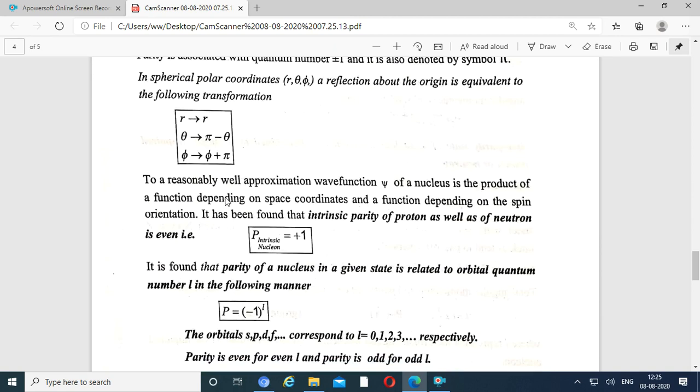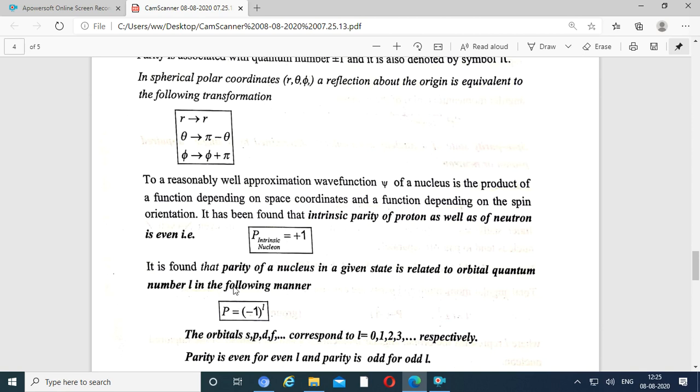To a reasonably good approximation, the wave function psi of a nucleus is the product of a function depending on space coordinates and a function depending on the spin orientation. It has been found that the intrinsic parity of the proton as well as of the neutron is even, that is P intrinsic of a nucleon equals plus 1.